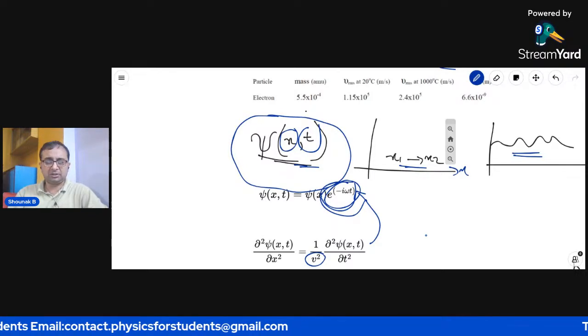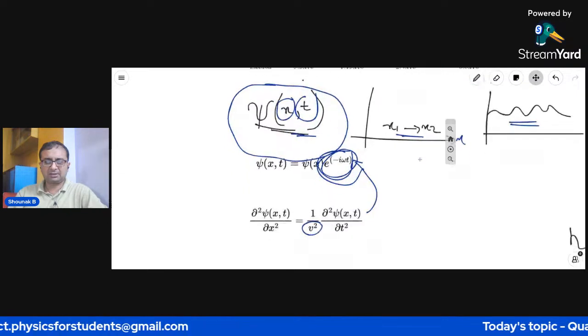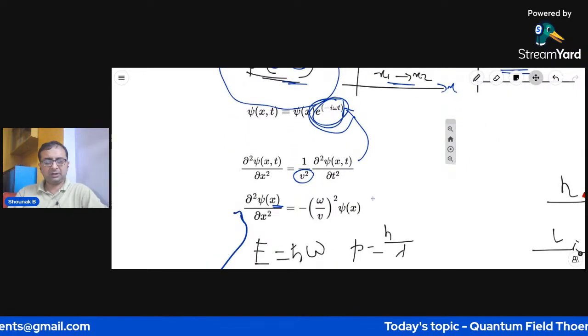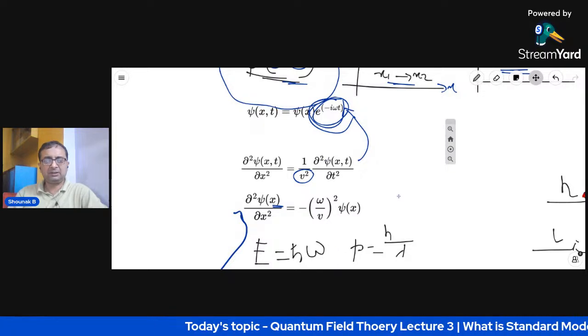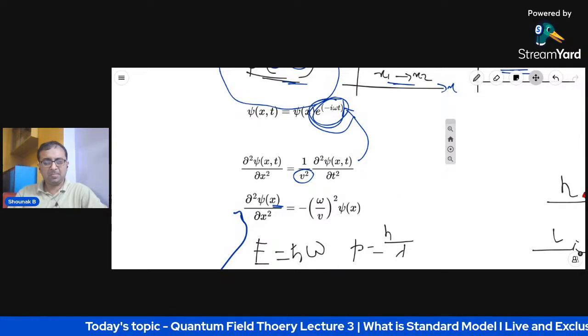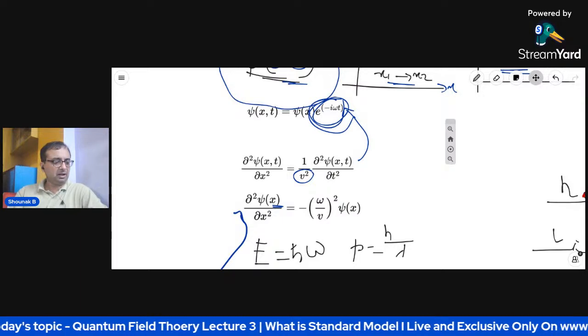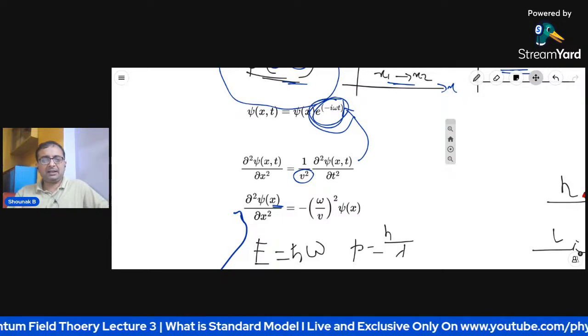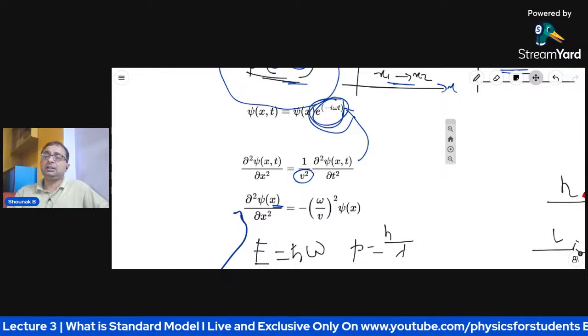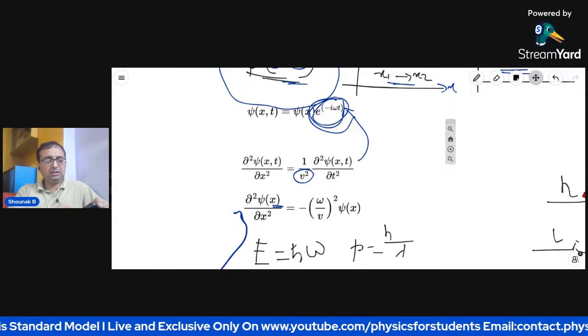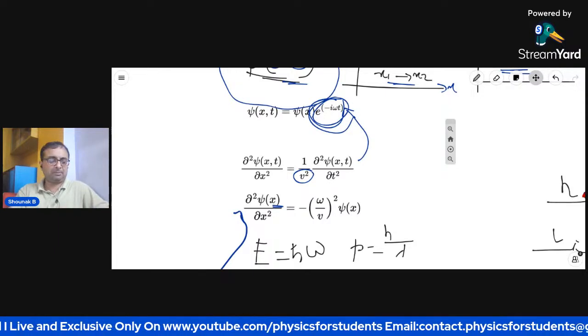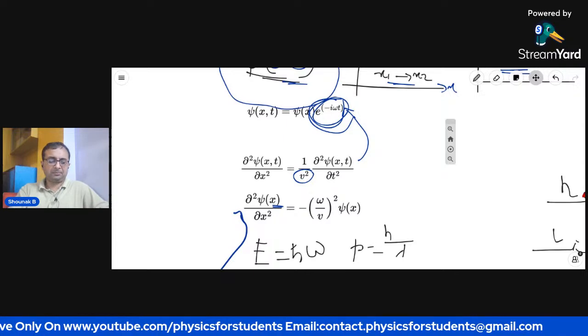We substituted this equation and divided it by the exponential, and finally what we get is Einstein's equation, E equals h omega and p equals this one.